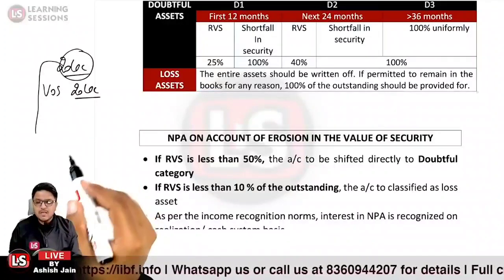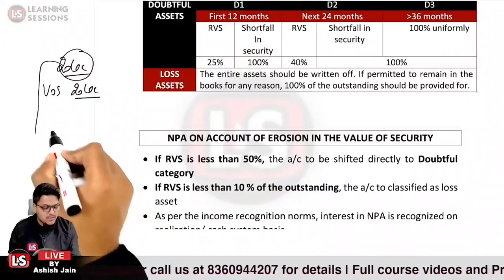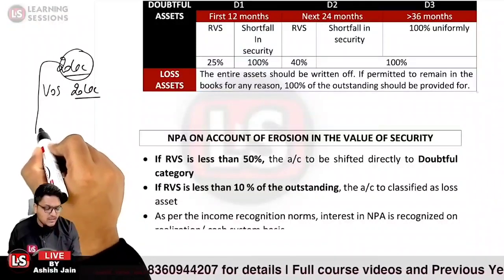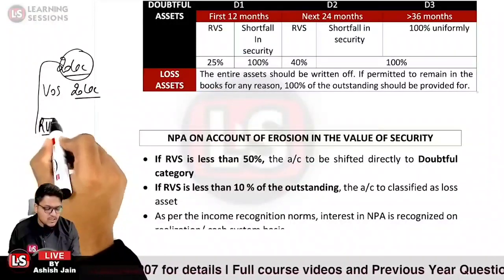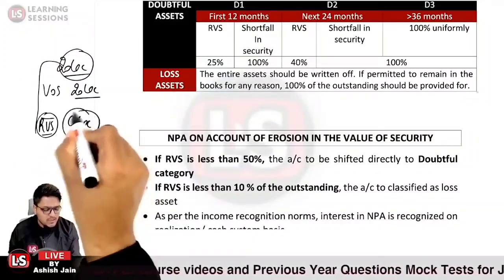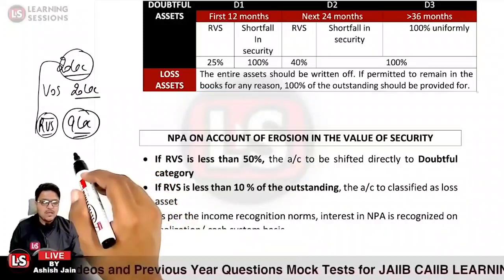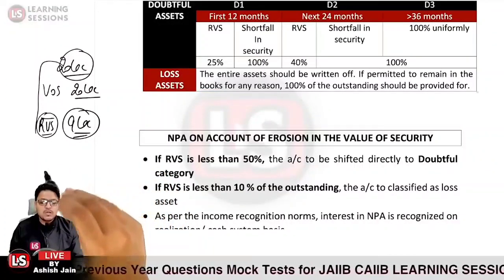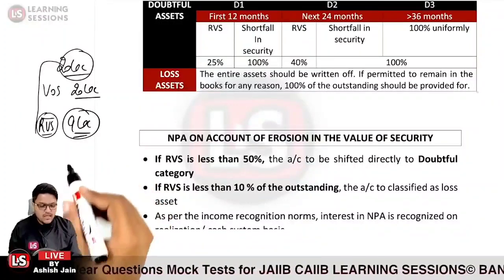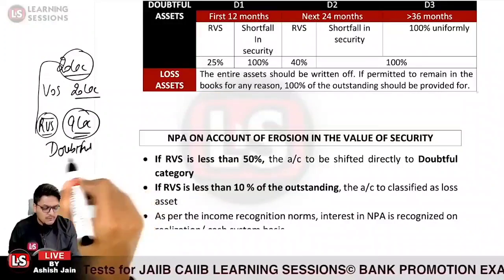If the realizable value of security is now lesser than 50%, let us take the case that the value of the security which can be realized right now is 9 lakh rupees, that is lesser than 50% of the value of security which was available at the time of sanction, in that case it will be directly transferred to the Doubtful 1 category.